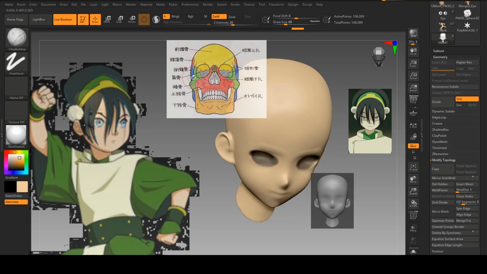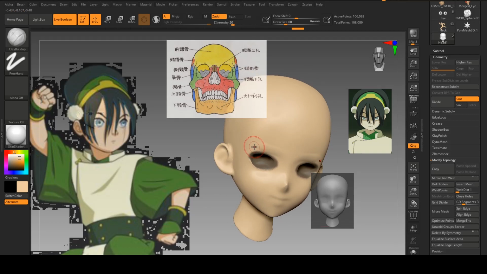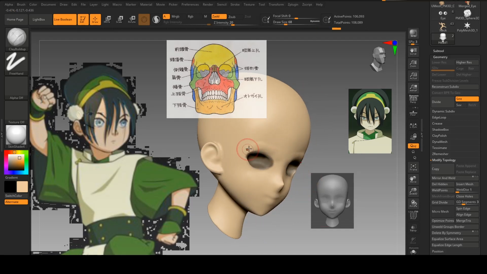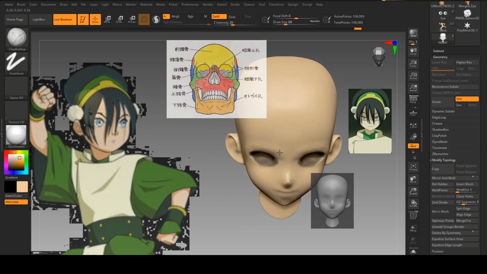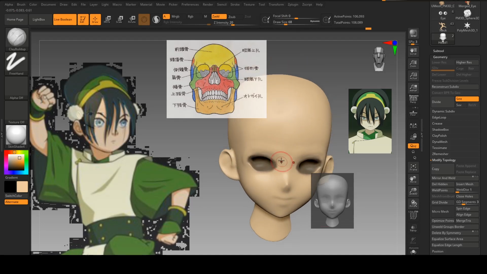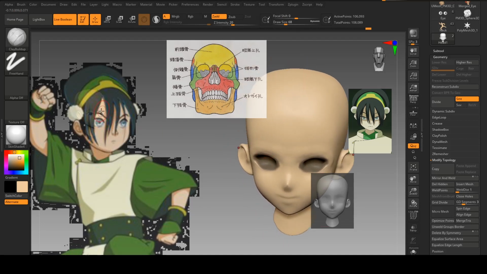See, there's a bone, so here there's not much muscle, so bone shapes determine how this character looks. And then her face has eyebrows.